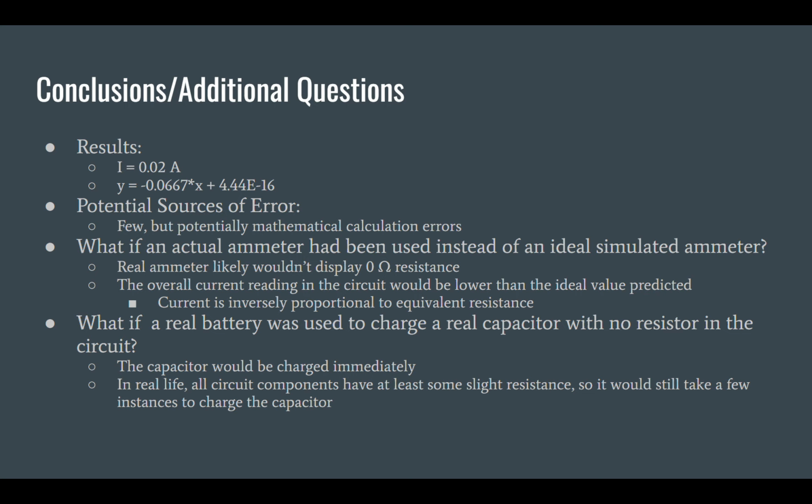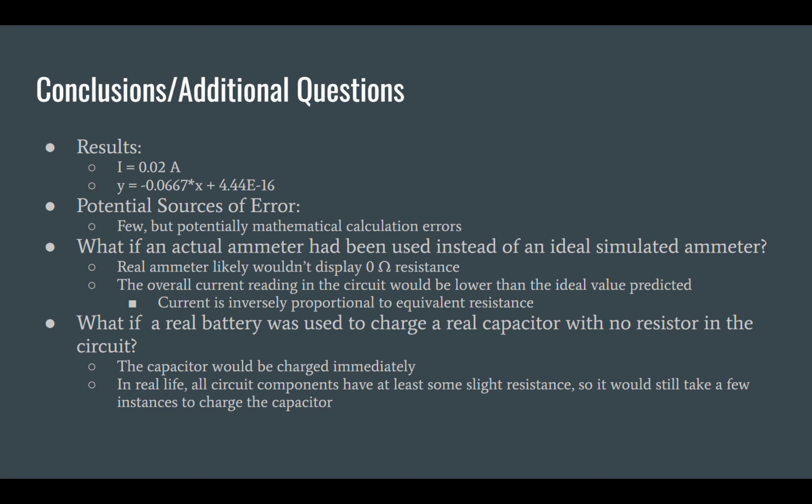There wasn't a lot of potential source of error because it was all a computer simulation, but potentially I could have made mathematical calculation errors, or with the stopwatch, I also could have had some error there when I was gathering my data points.